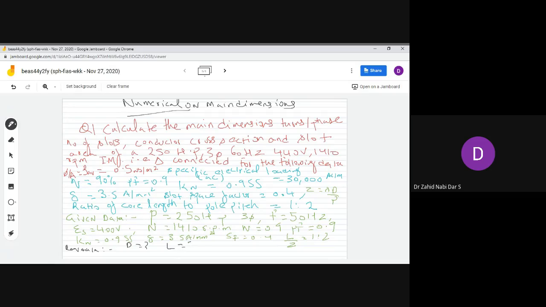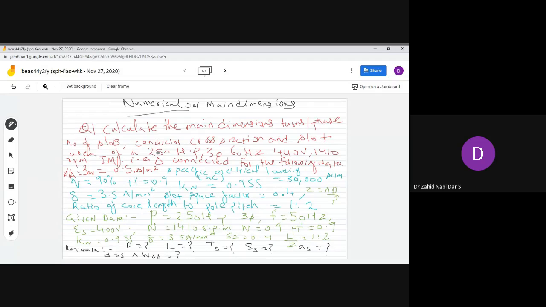Then they are asking for the turns per phase, TS value, the number of stator slots you require, the area of those slots, and then the DSS into WSS is required. These are the things that you require.